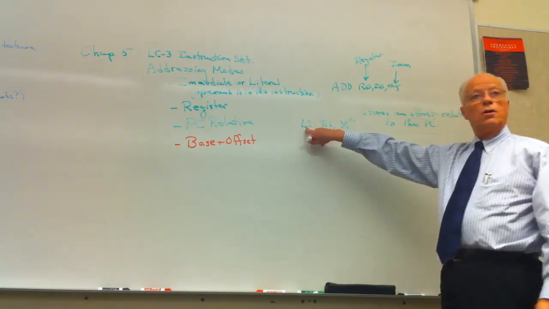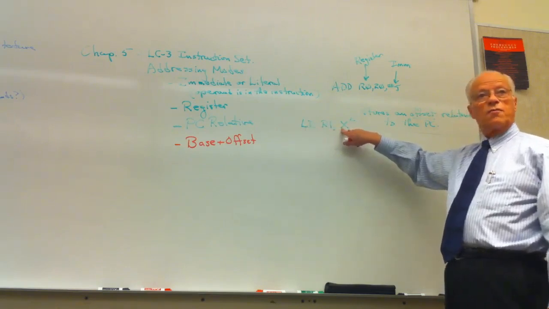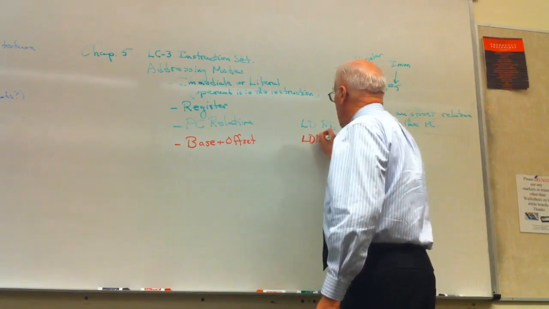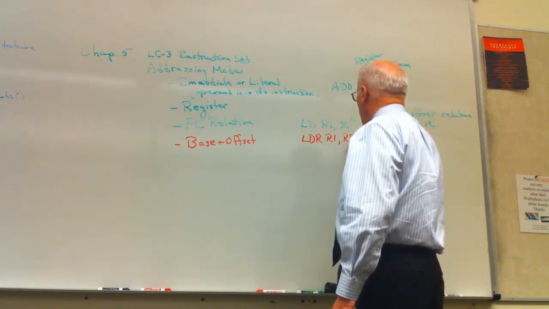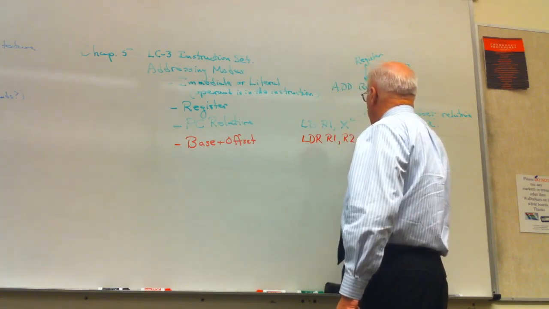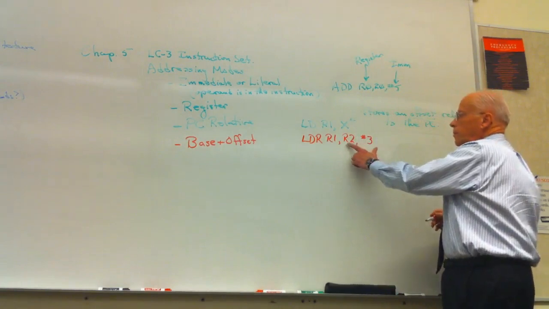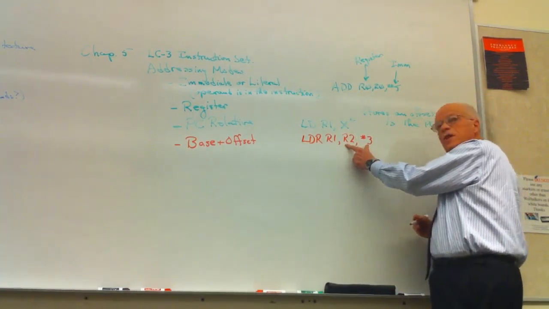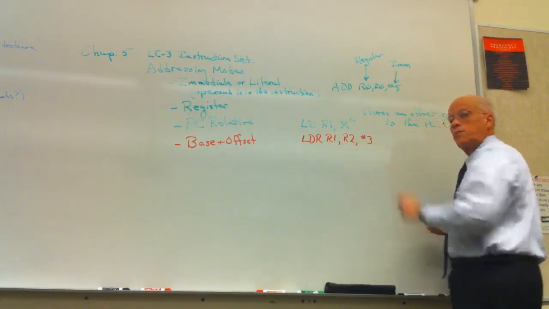See, this load works with an offset from the program counter. If you do LDR, it uses the contents of this register plus this offset to find the address of what's going to be loaded in.